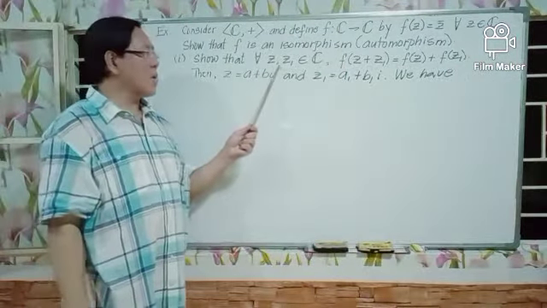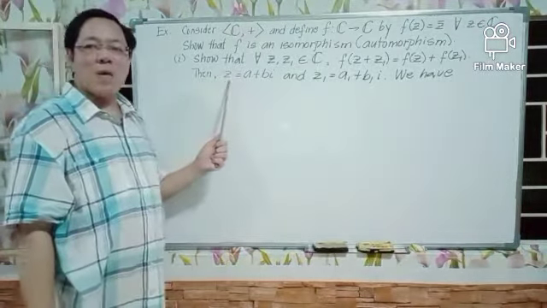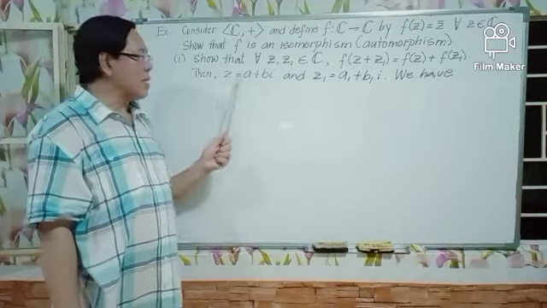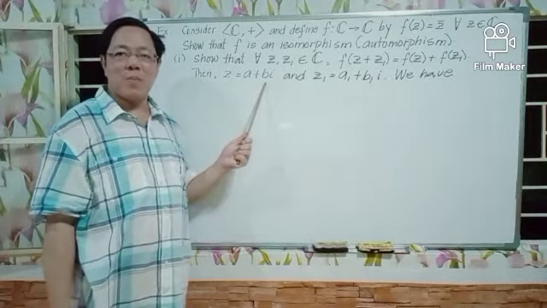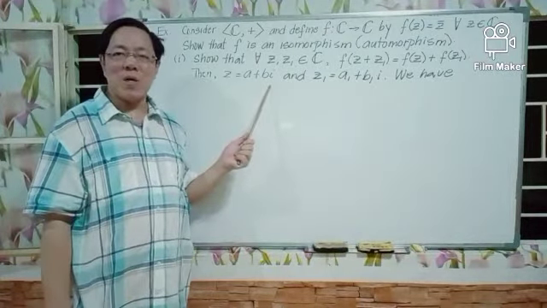Because z and z sub 1 are elements of the set of complex numbers C, z is a number of the form a plus bi, where a is the real part of the complex number and bi is the imaginary part, and i is equal to the root of negative 1.